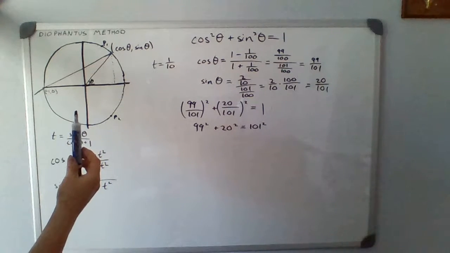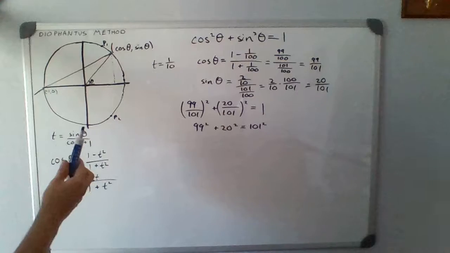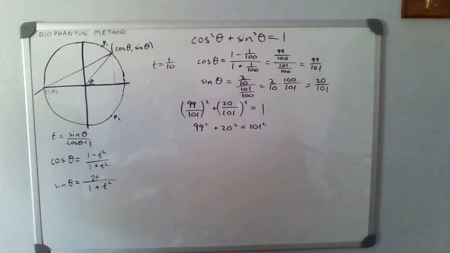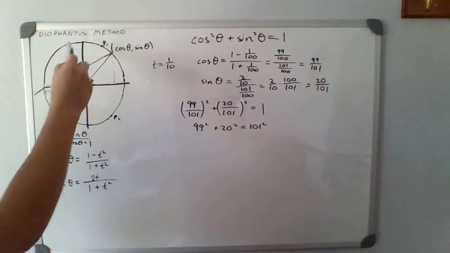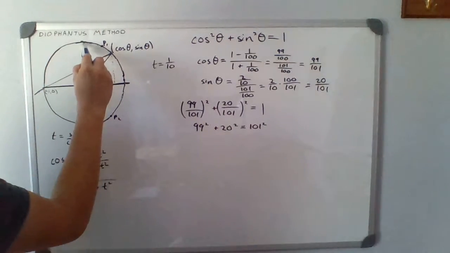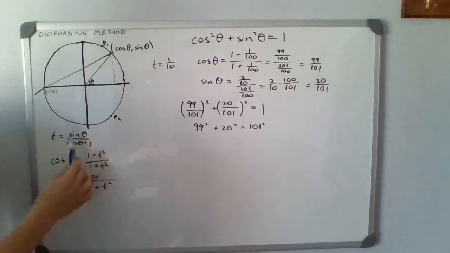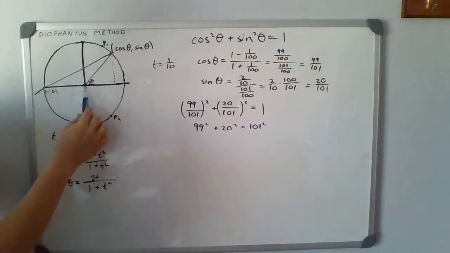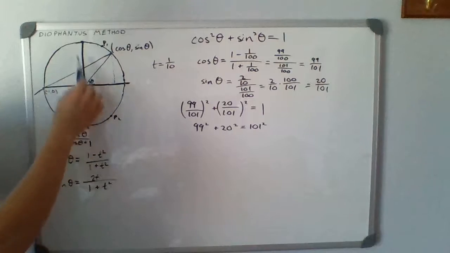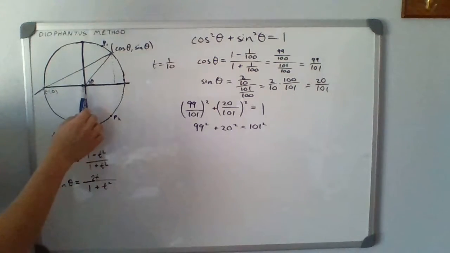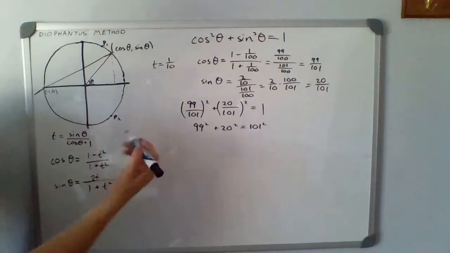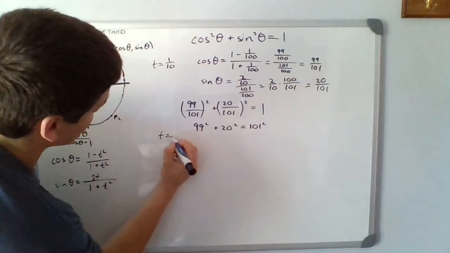Let's say I take t to be this number here. What t value would give me that coordinate point? Well, sine of theta there would be 1, and cosine of theta for that point would be 0. So 1 divided by 1, so t equal to 1 should give me that point.